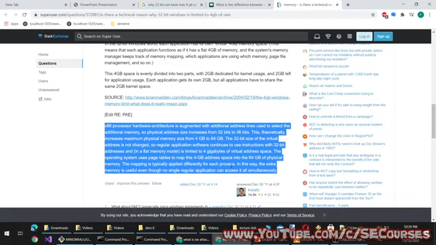The 32-bit size of the virtual address is not changed, so regular application software continues to use instructions with 32-bit addresses and, in a flat memory model, is limited to 4 gigabytes of virtual address space. The operating system uses page tables to map this 4 GB address space into the 64 gigabytes of physical memory. The mapping is typically applied differently for each process. In this way, the extra memory.